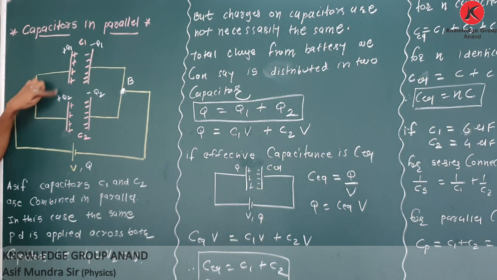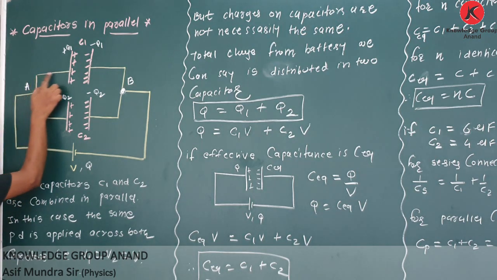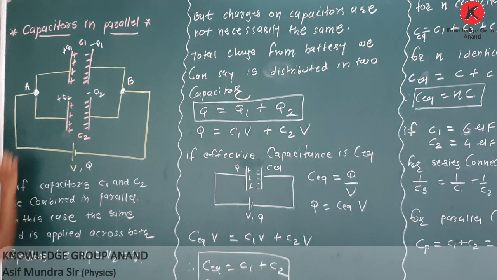Okay, so we can say these two branches are in parallel. Here the charge gets divided. So I am assuming the charge on capacitor C1 is Q1 and the charge on capacitor C2 is Q2.